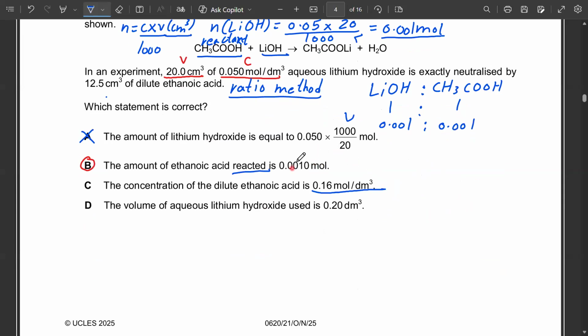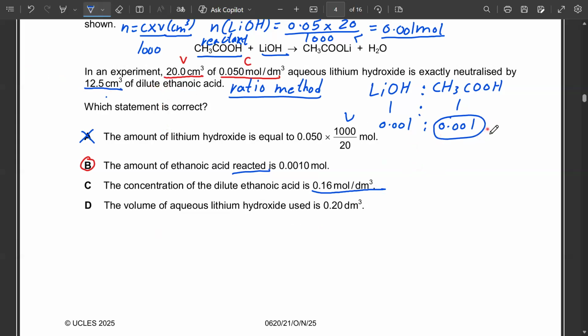After having said that the amount of the ethanoic acid is 0.001 mole, we also have to check using the volume. 12.5 cm³ of dilute ethanoic acid is given.